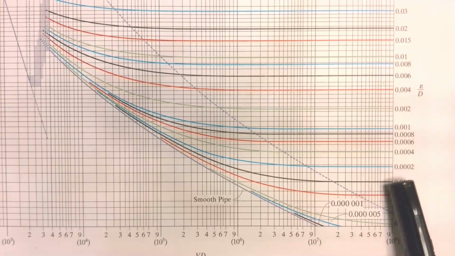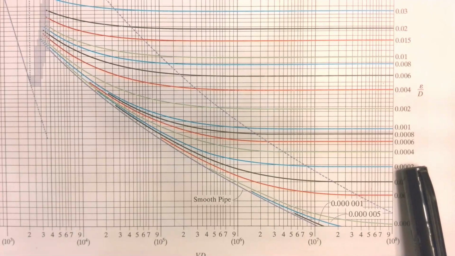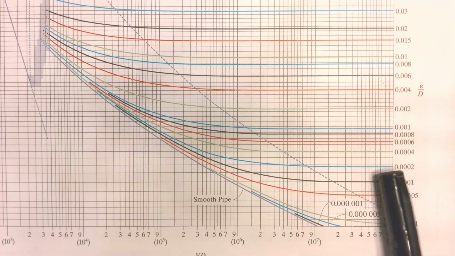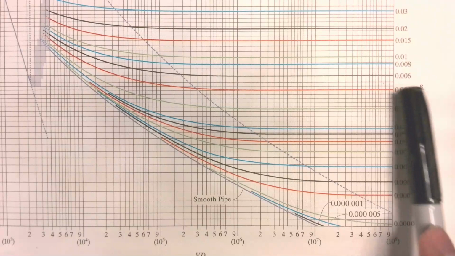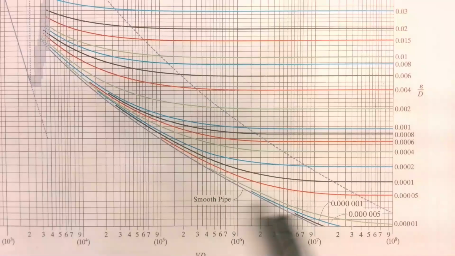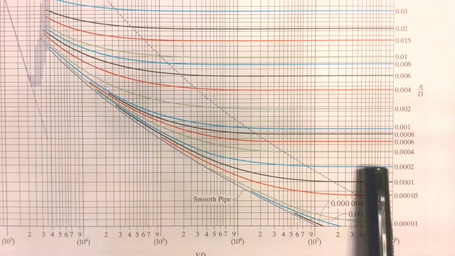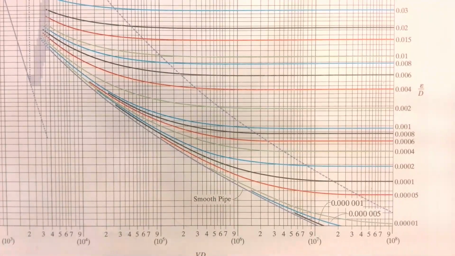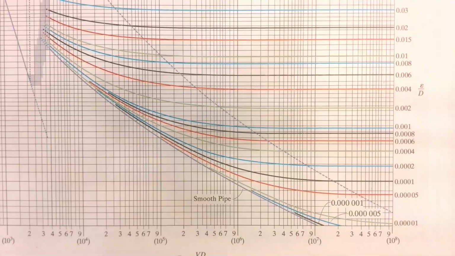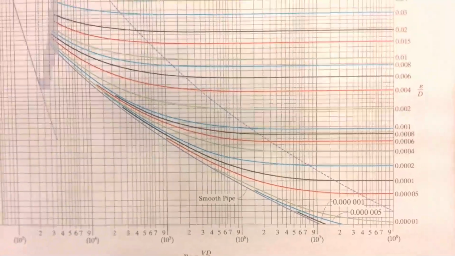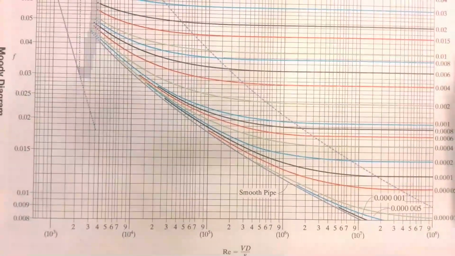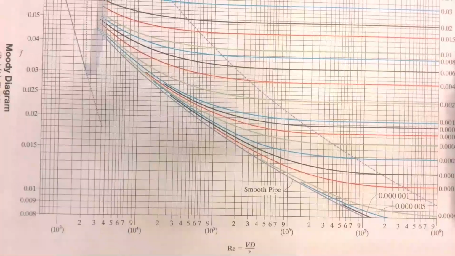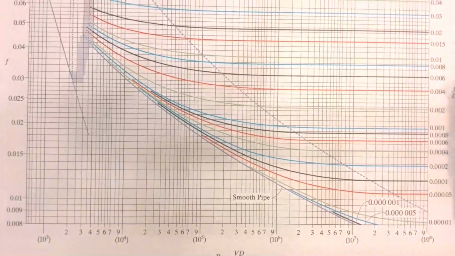So we got 0.00023 somewhere just above this light blue line. We're assuming fully turbulent flow, which means that my Reynolds number will be somewhere around here. So it really doesn't matter what the Reynolds number is because my friction factor won't change. I draw a straight line to the left and I can get a friction factor of approximately, I don't know, 0.014, 0.015-ish.